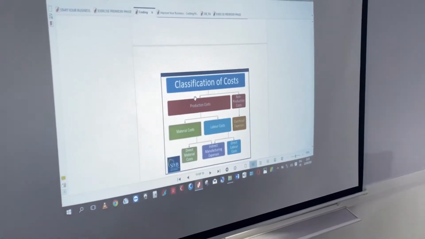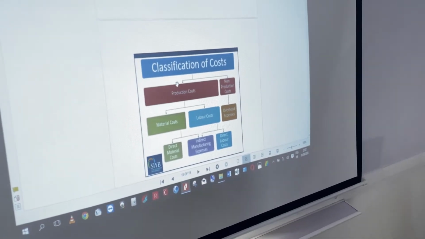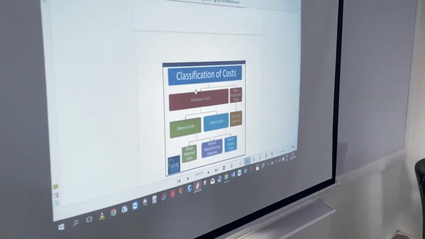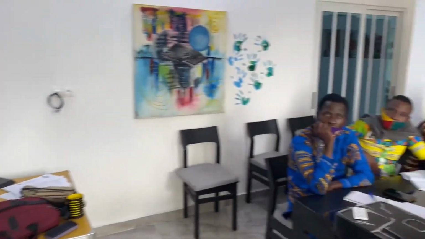What is that about? There are some costs which are directly related to the product you are manufacturing, I mean the process. So let me give you an example.